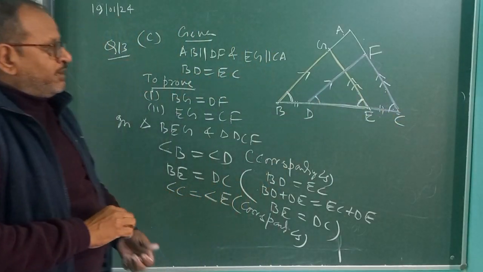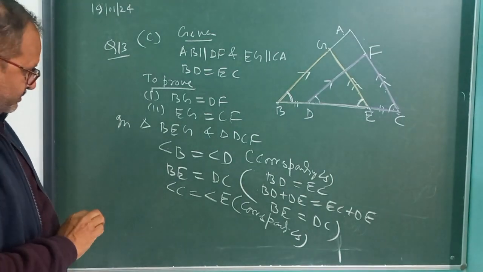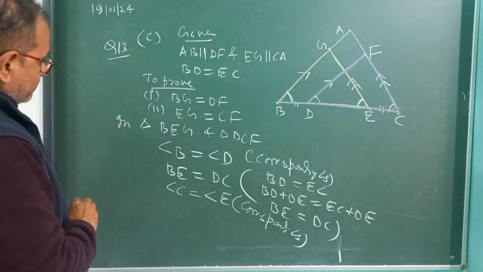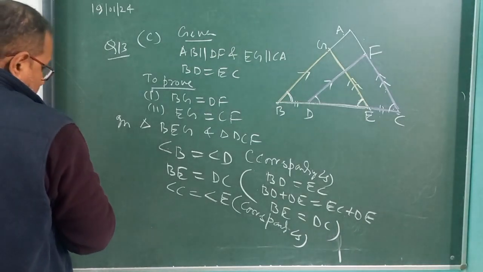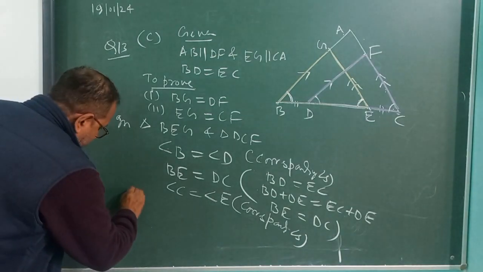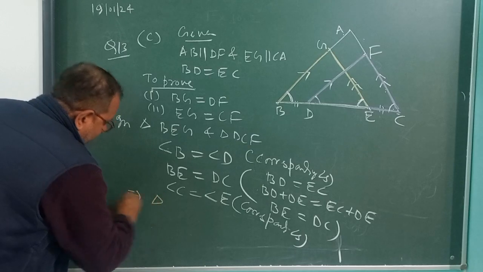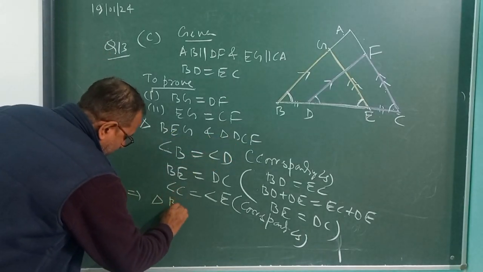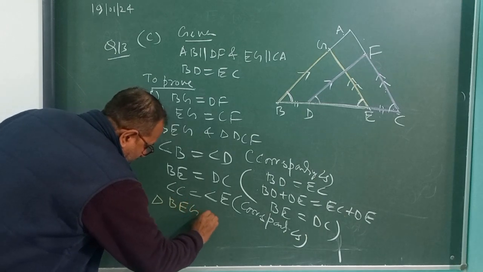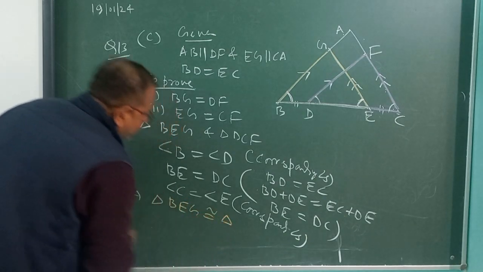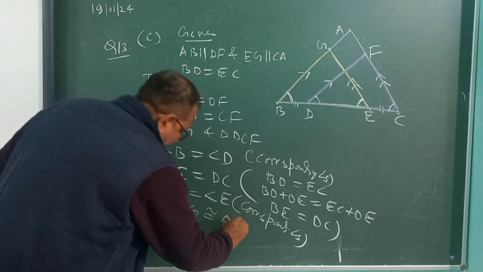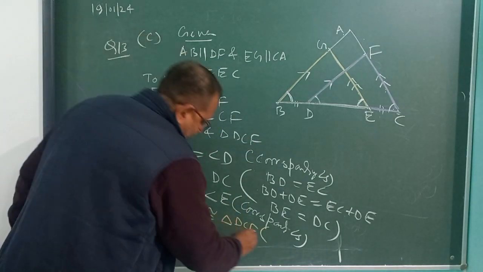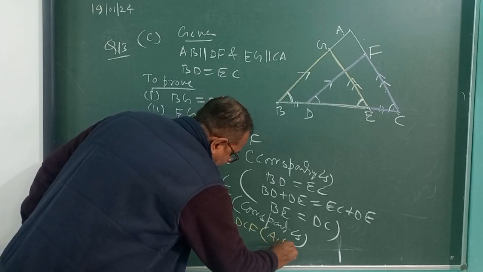Both the triangles are congruent by condition angle, side, angle. So we can write triangle BEG congruent to triangle DCF by ASA.